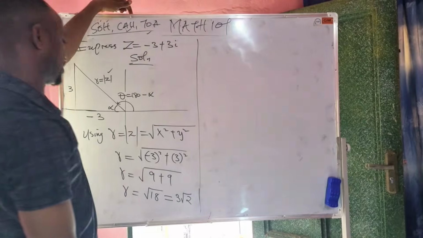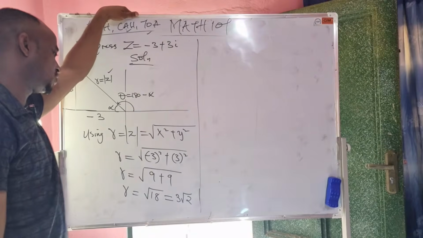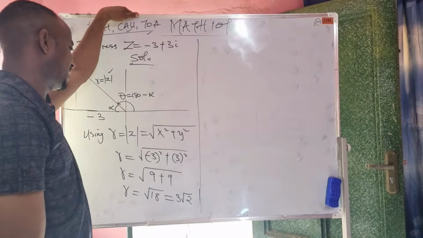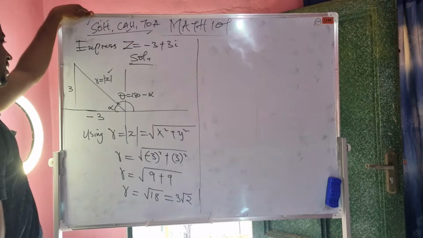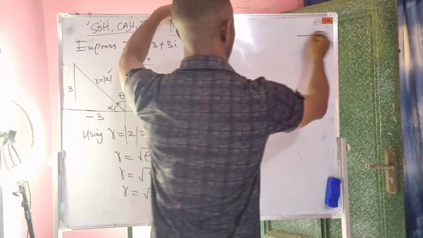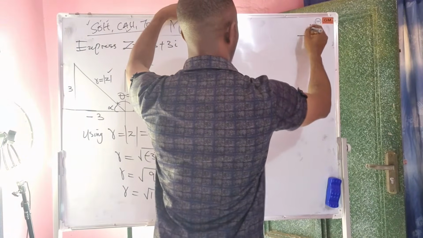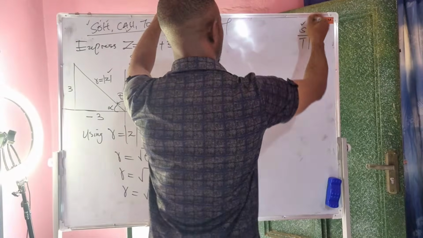Now the next step is to find the argument. But before we find the argument, theta, we have to find the reference angle. Look at this. This falls in what quadrant? In the second quadrant, where only sine is positive. Here we have All, we have sine, we have cos, we have tan. So I'll use sine to solve.